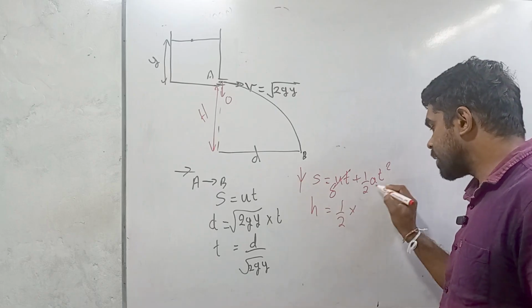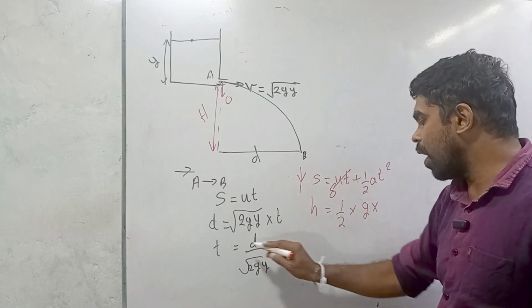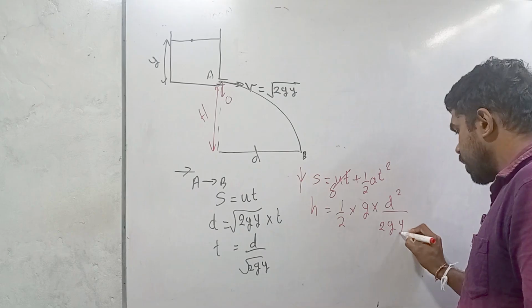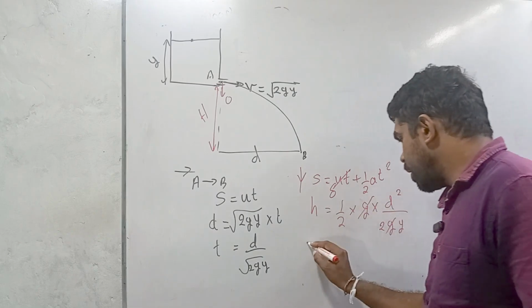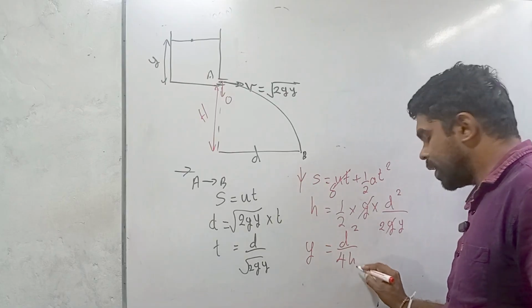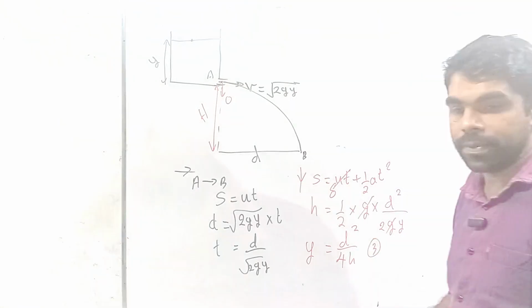Half into acceleration under gravity g, times t squared, which is the square of this one, D squared divided by 2gy. Then we can cancel out g and g. We have to make y the subject. Then we get y equals D squared divided by 4H. Then the answer is the third one for question number 10.